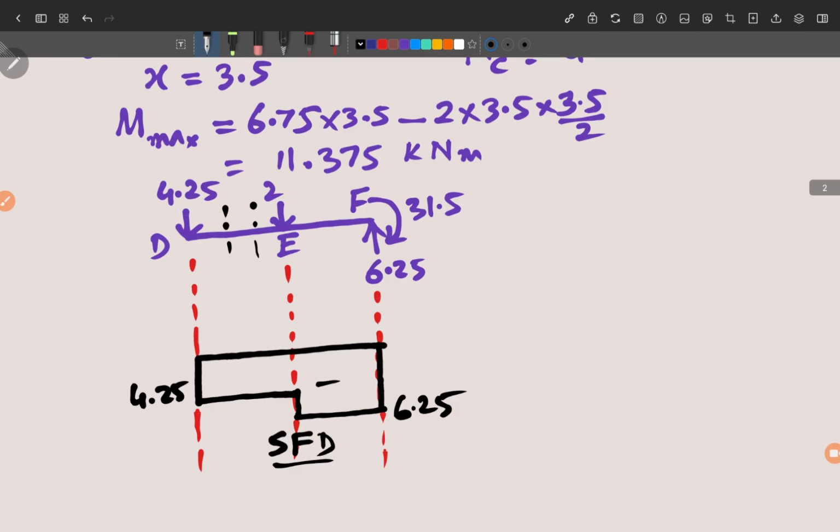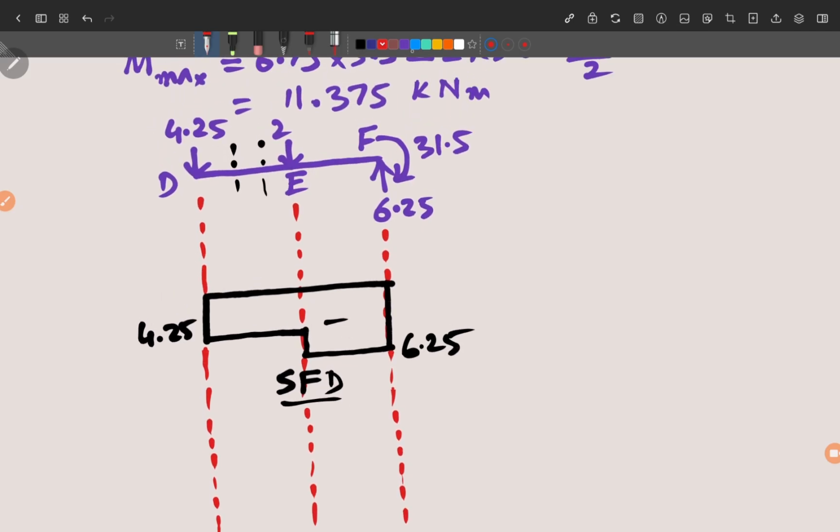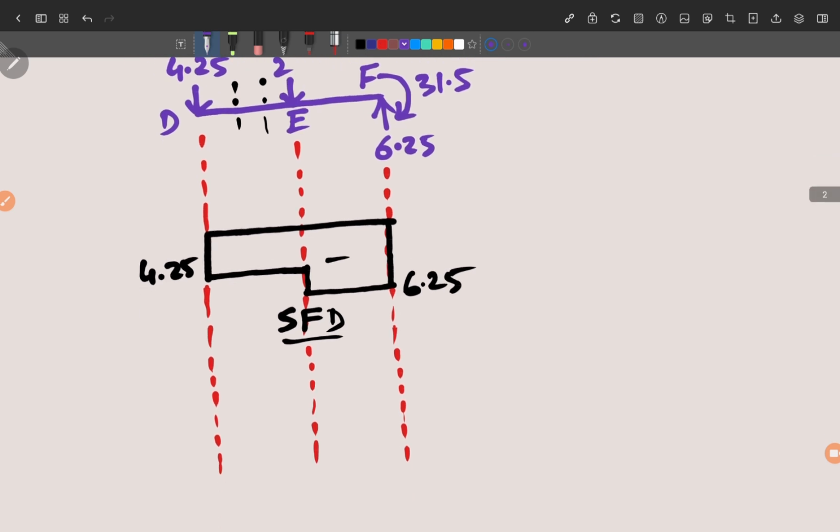Okay, it's very easy. And then we go to the diagram for bending moment. Draw these reference lines. Okay, at point D, what will you get? You will get the value of bending moment 0 at the free end of the cantilever. There is no moment, and because downward forces, as I told you, give the hogging moment, it is 0 here.